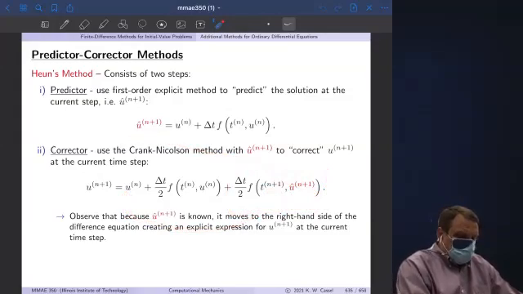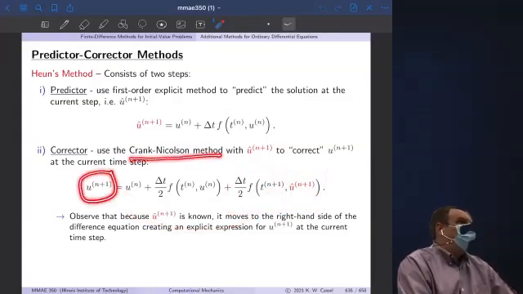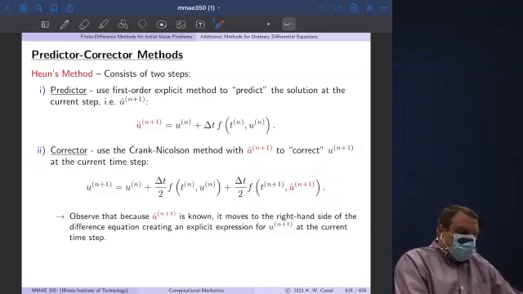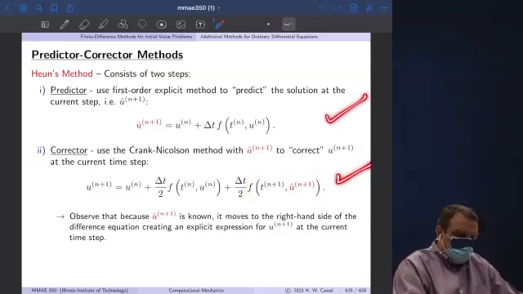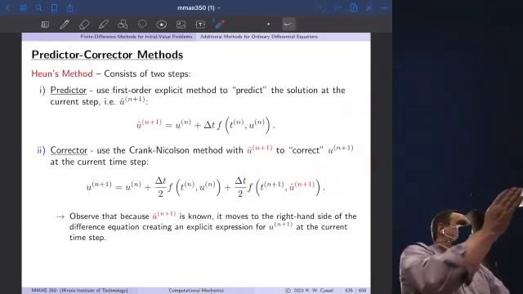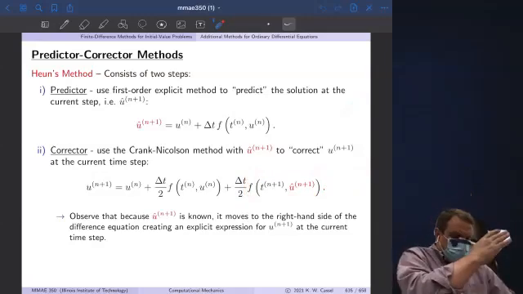So even though we're using an implicit Crank-Nicolson method, we actually end up with an explicit expression for u at the current time step, u^(n+1), because I know this value now, so I can evaluate f at the current time level using u hat^(n+1). Okay, so that's a key difference, and it simplifies things somewhat. So 2 steps: predict and then correct at each time step, and then you move forward. Increment forward in time, march forward in time, and you're good to go.